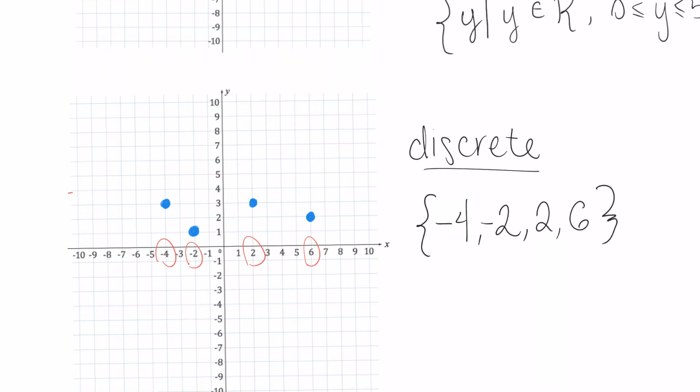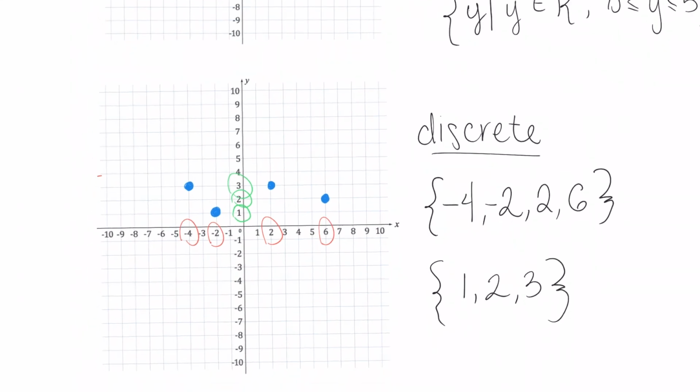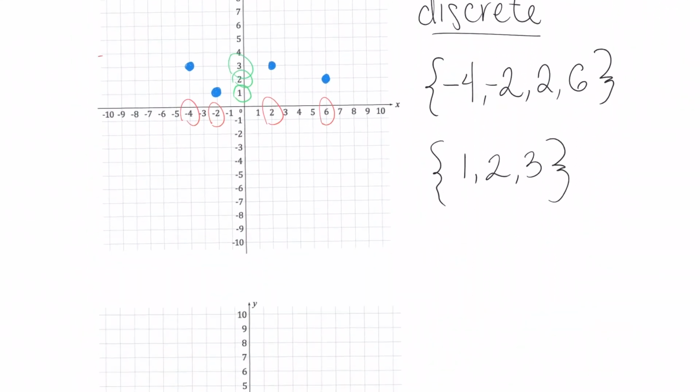And then for your range, you're going to list those as well. So if we look at the y values we used, you can see there's a point plotted on 1, on 2, and on 3. So then we can list that as well: 1, 2, and 3. So that's how you would handle the domain and range of a discrete graph.